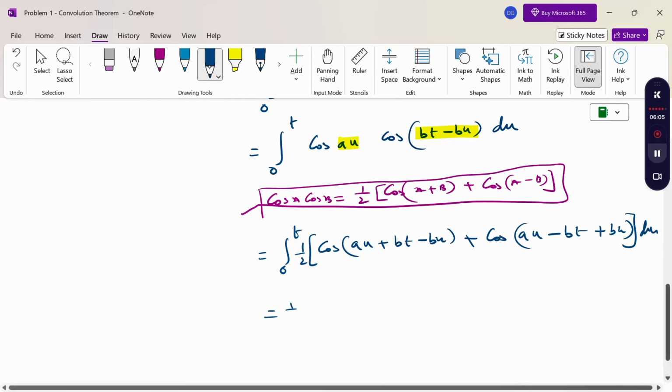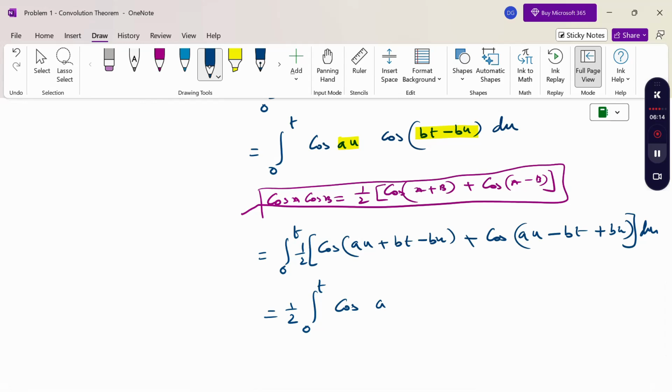Now I am taking 1 by 2 common out. Therefore, here 0 to t, taking u as a variable, cos of (a minus b) into u plus bt, then plus cos of (a plus b) into u minus bt, then du.